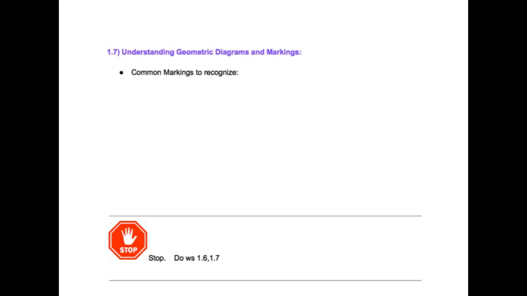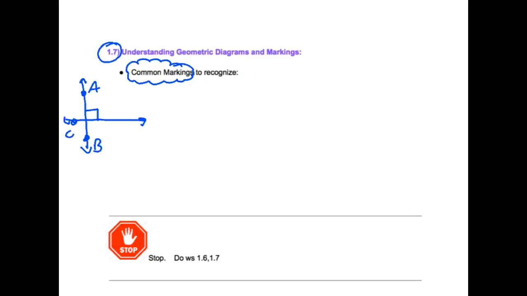The other task I want to accomplish in this video is understanding markings in geometric diagrams. So there's lots of markings we use instead of words to tell you some relationships. One of them I've already told you, that when you see this marking right here, it means that, let's go label this AB. Let's go label this CD.